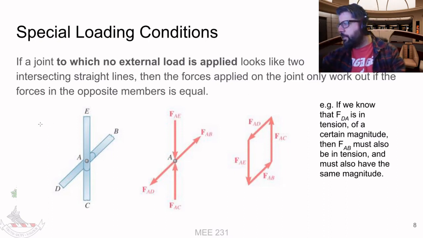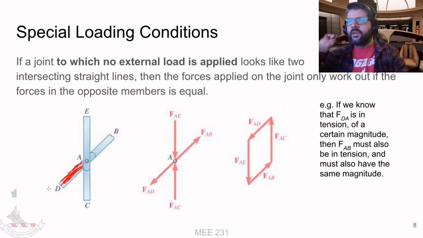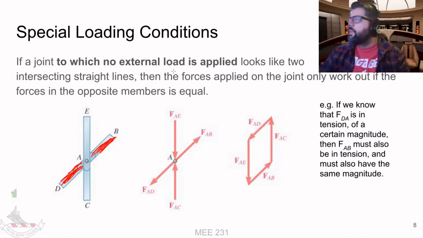So, for example, if we know that the force here in AD is a tension of a certain amount, then we also know that the force here in AB is also going to be a tension, and it's also going to be the same magnitude. That can help simplify things a fair amount, depending upon the makeup of the structure.